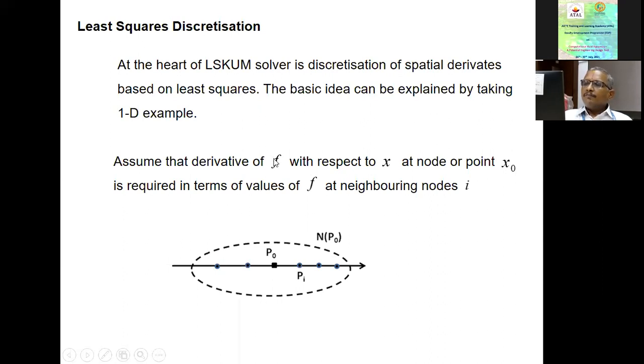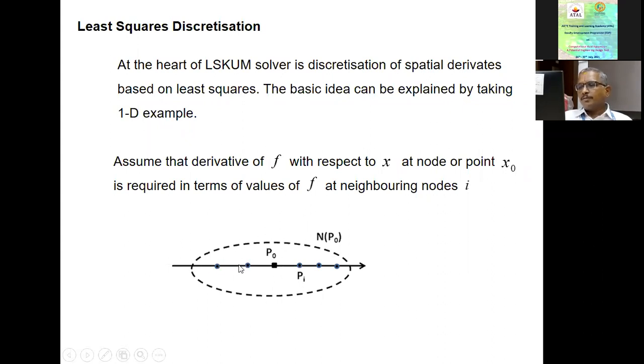And in turn, we need to approximate the derivative of those fluxes. So I have generalized all of this into a quantity F, which in our case is actually the fluxes. We need to evaluate the derivative of this flux at any point.